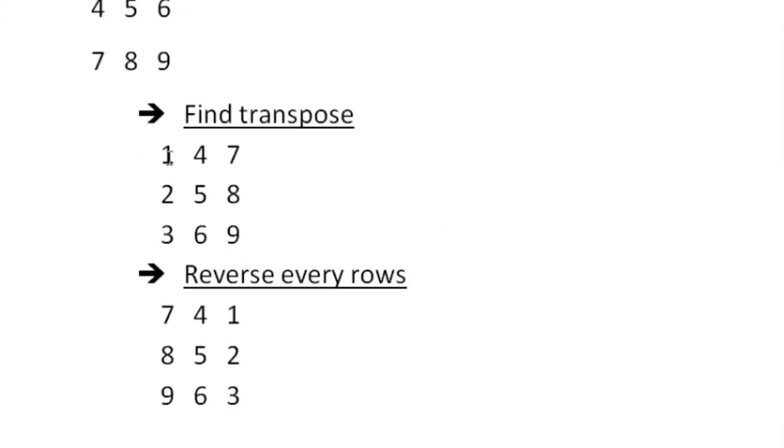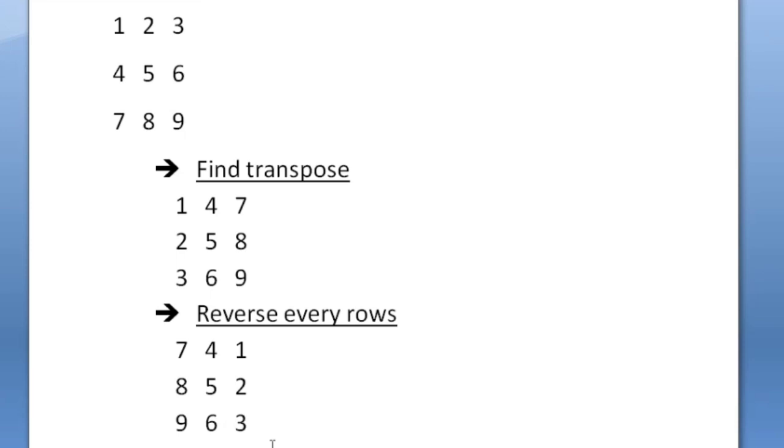The first row 1, 4, 7 when reversed becomes 7, 4, 1. Similarly the second row 2, 5, 8 becomes 8, 5, 2 and then 3, 6, 9 becomes 9, 6, 3. Now when we compare this matrix and our input matrix, we can see that this matrix is rotated by 90 degrees. So this is how we rotate a matrix by 90 degrees.